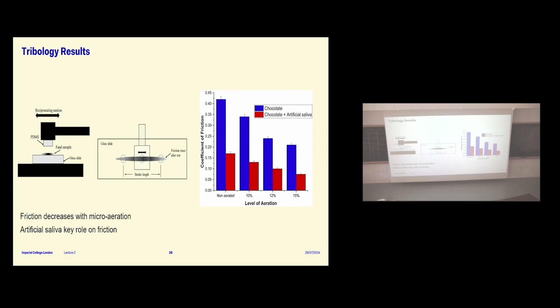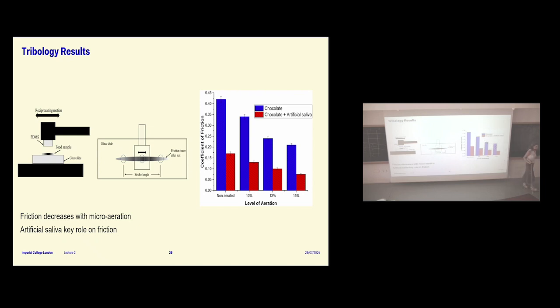Right, so there's also a difference in stickiness. Here, we did some experiments where we had a piece of chocolate and a tribometer, and you measure the coefficient of friction. If you look at these results, this is the level of aeration: 0%, 10, 12, and 15. You can see that the coefficient of friction drops, whether you do it with artificial saliva or not.